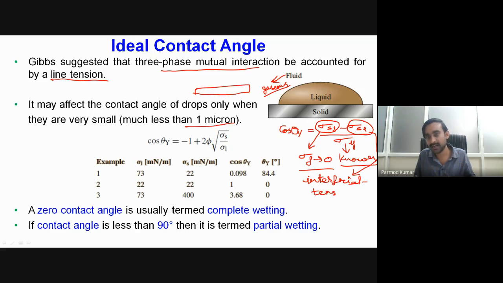Now we already know that if we have a two-fluid combination, for example one with sigma S and one with sigma L, then for the solid, if I know the surface tension as sigma S and the surface tension of the liquid as sigma L, then using these two values I can relate the value of this sigma SL using our earlier knowledge from the previous lecture.